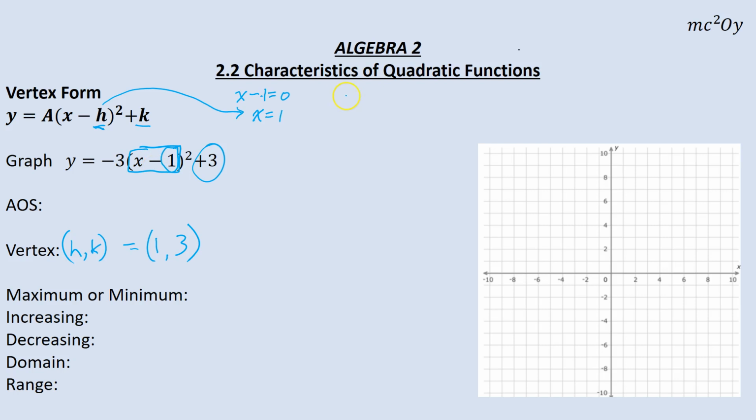Just a quick side note, if this said y equals -3 times (x plus 1) squared plus 3, the h value would be -1, because -1 makes it 0. k doesn't change, it's still 3.